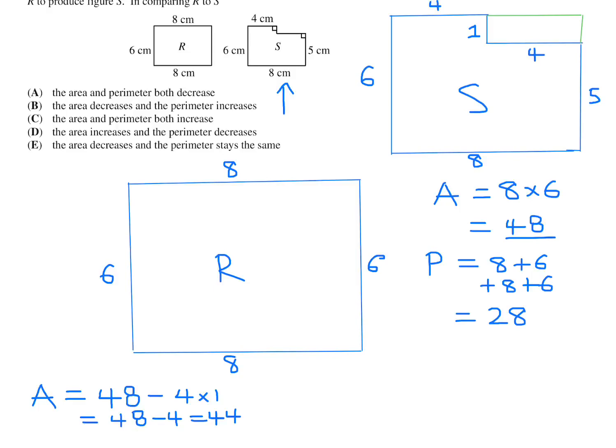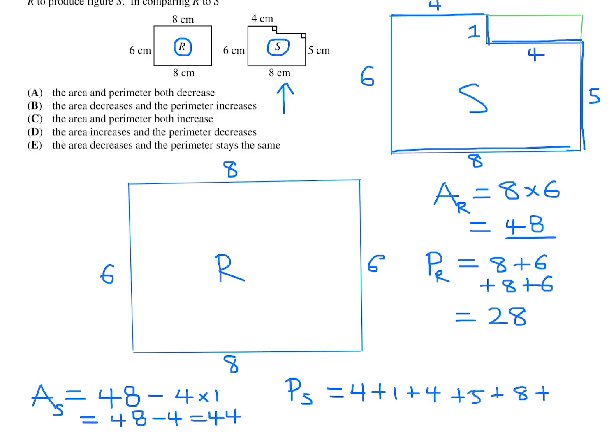That's the area of S. And this is area of R, this is P of R. This is R, this is S. Now let's calculate the perimeter of S. Well, this is 4. Then we've got 1. Then we've got 4. And then we've got 5. And then 8. And finally 6. So this becomes 28.